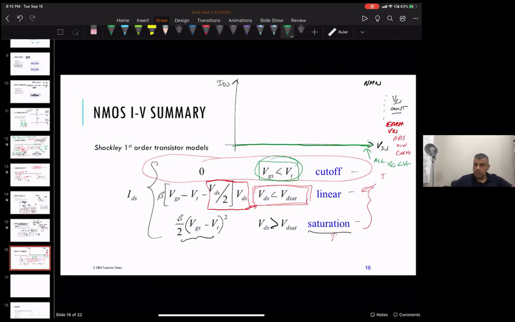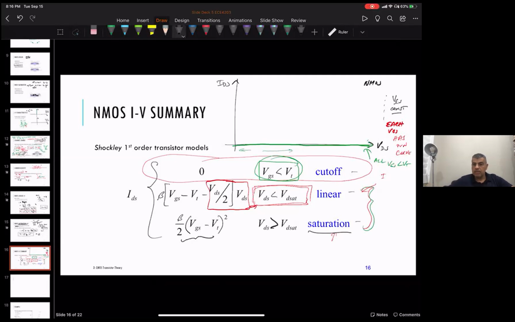Okay, so now let's say VGS is greater than VT, so we're in these 2 modes. Now we're going to look at the relationship between VDS and VGS to decide where along this axis we're in linear and where we're in saturation.